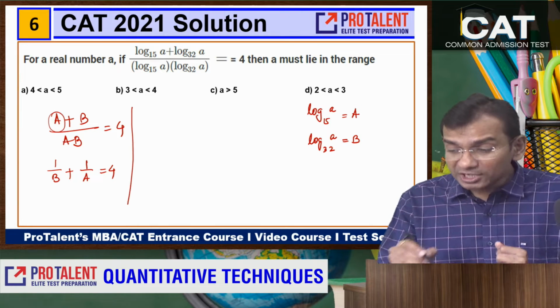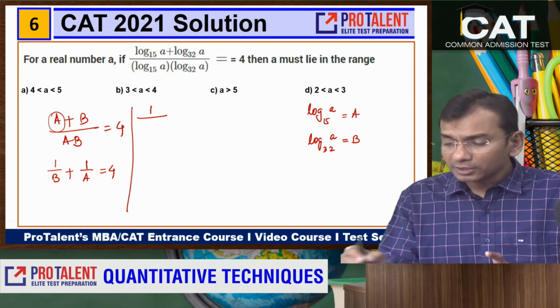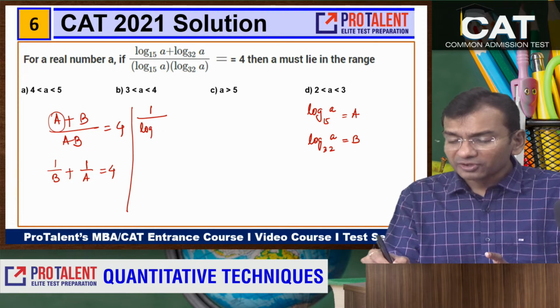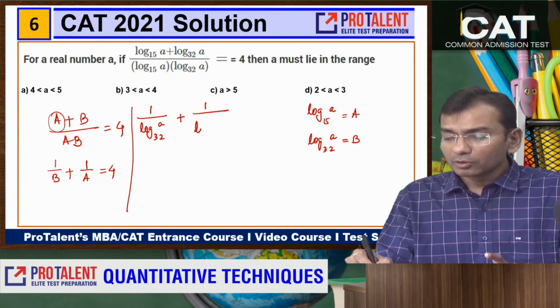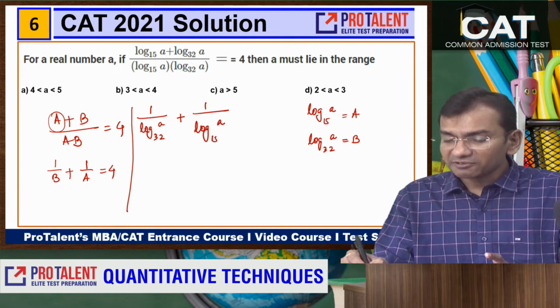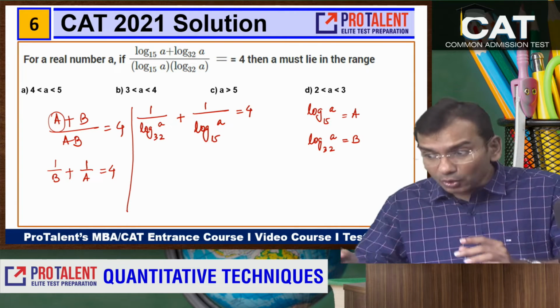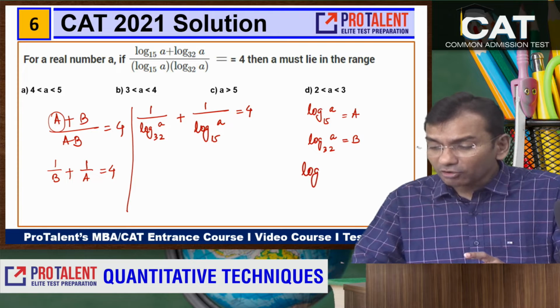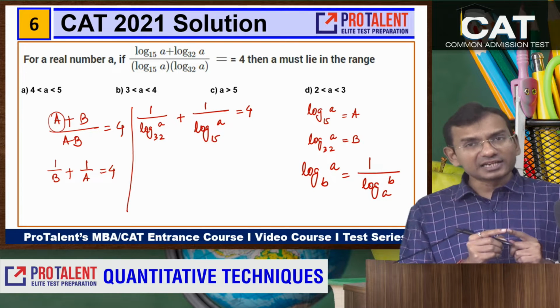ठीक है, क्यों easy हुआ? देखिए 2 मिनट लगेगा आपको इसको समझने में. 1 upon b is log of a to the base 32 plus 1 upon log of a to the base 15 is equal to 4. Now I know that log of a to the base b is nothing but 1 upon log of b to the base a, ऐसा लिखा जा सकता है.